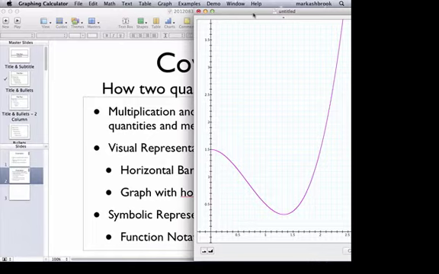Say more. Every output for X. Okay. How is it showing points, or how is it showing every output for X? In the back, yeah. Okay, the covariation between two quantities. Okay. How does it do that?